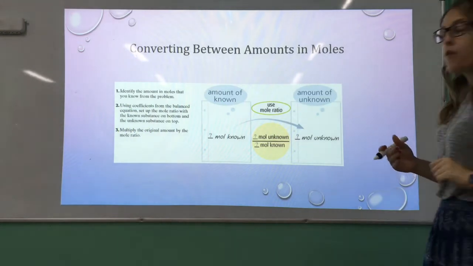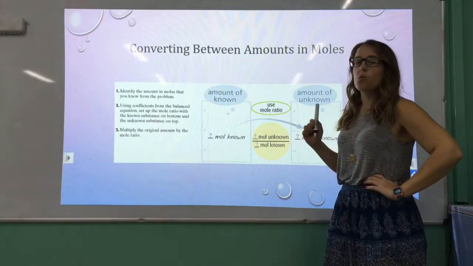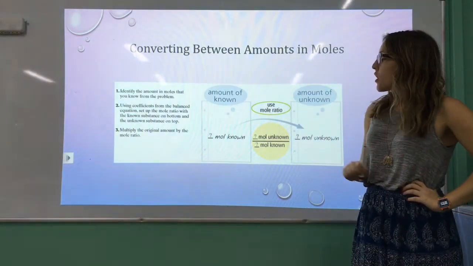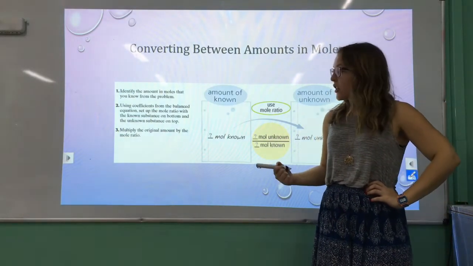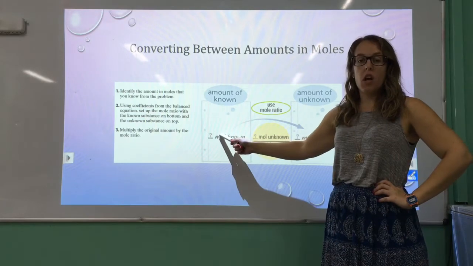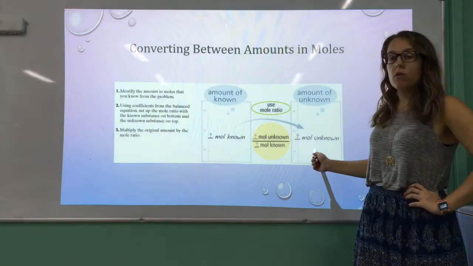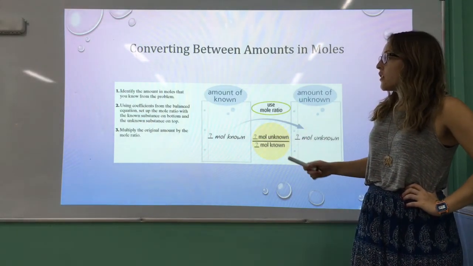Okay, so if we look at converting between amounts in moles, we talked about how we just use the mole-to-mole ratio. So we go from the moles of known to the moles of unknown.